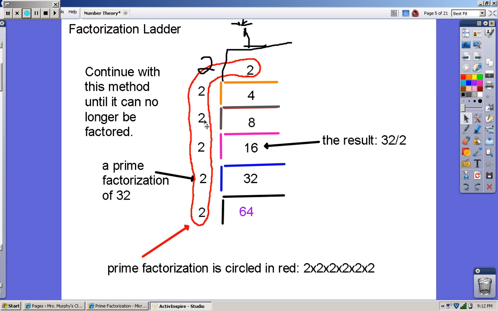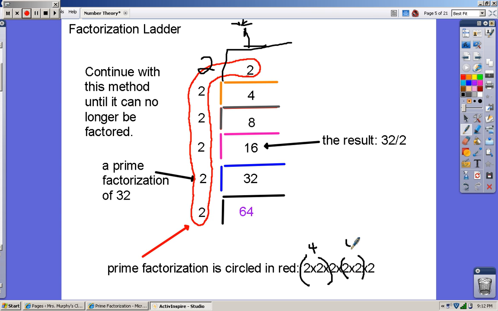We have 1, 2, 3, 4, 5, 6 2's, and don't you dare tell me that 2 times 2 times 2 times 2 times 2 times 2 is 6. Because it's not. 2 times 3 is 6. We have to use that grouping property, that associative property, and group these numbers up. You can do it any which way you want.